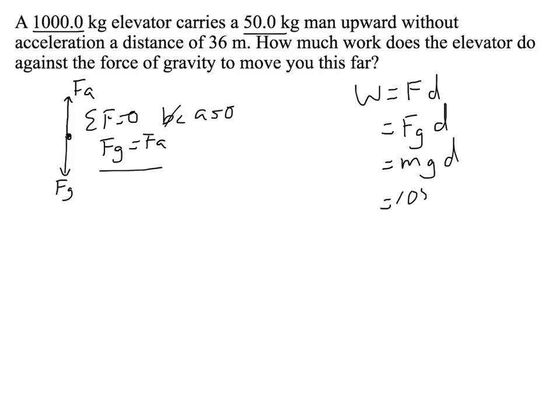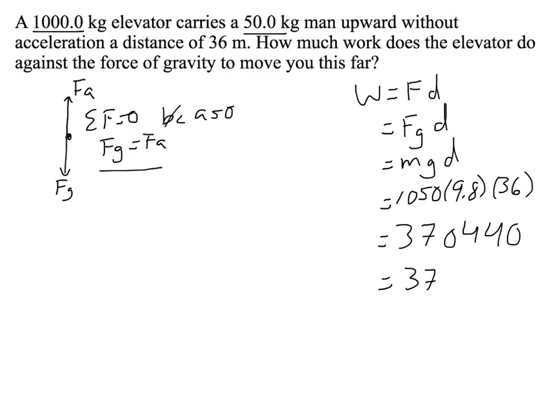So 1,050 times 9.8 times a distance of 36 meters. That gives us an answer of 370,440. 2 sig digs gives us 370,000 joules.